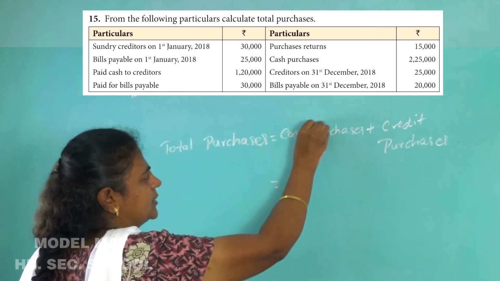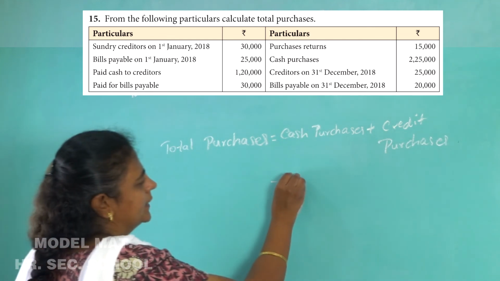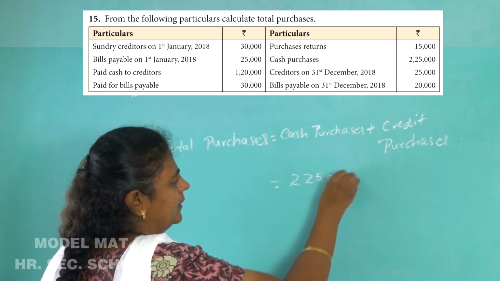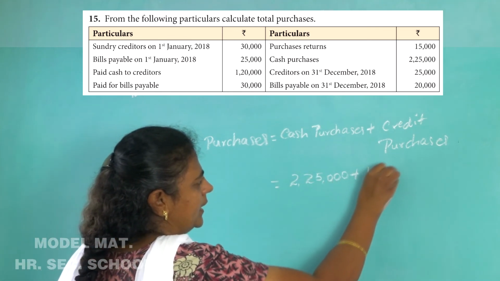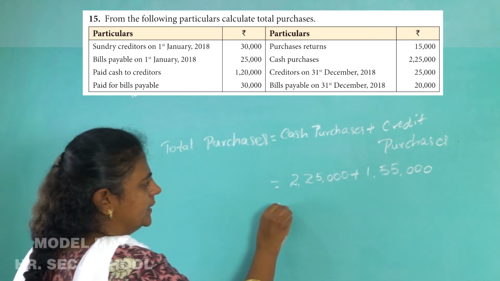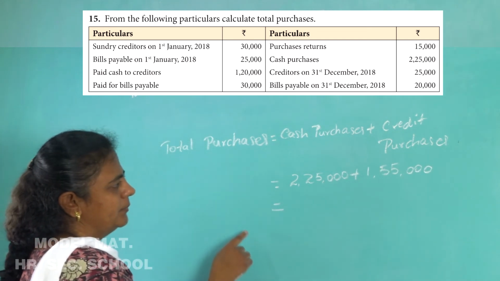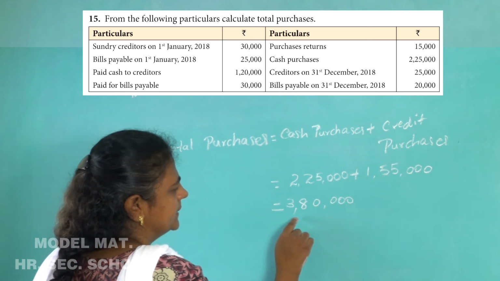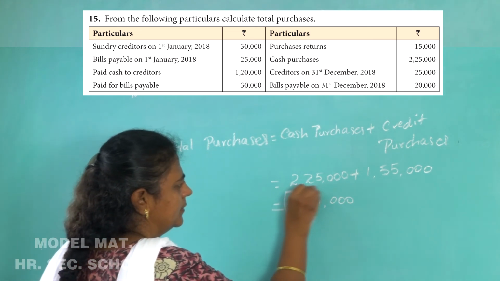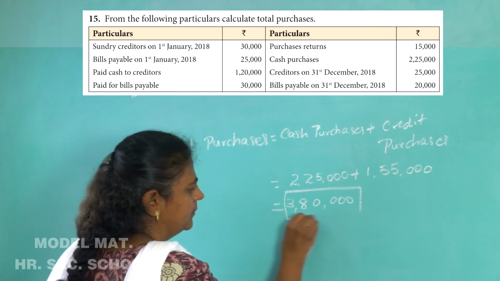So how much is your cash purchases? See the question. Cash purchases 2,25,000 plus credit purchases 1,55,000. Both together will give you your total purchases. Total purchases is 3,80,000. The box for your total purchases.